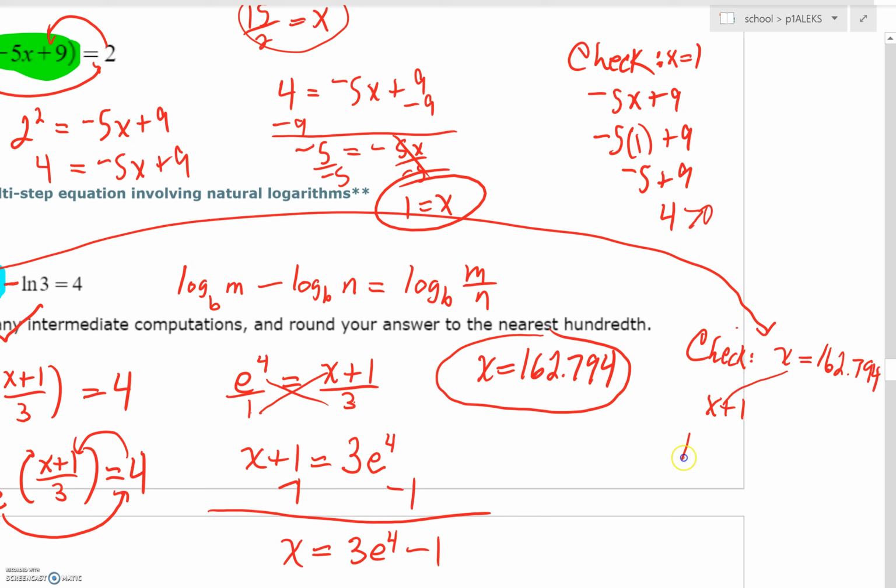And if we were to plug that in, of course, we know we'd get something positive. So it checks. It's going to be good. The only way it doesn't check, the only way we're going to get into trouble is if that inside of the log becomes negative.